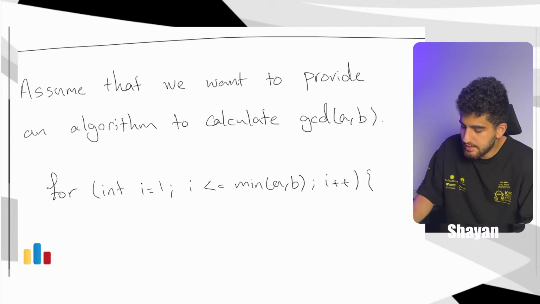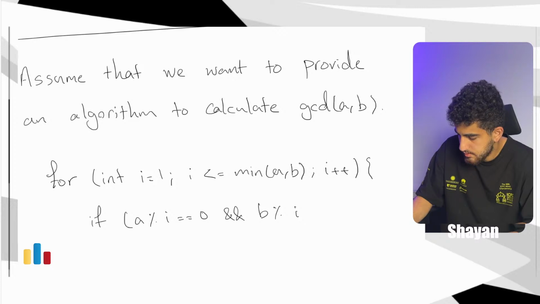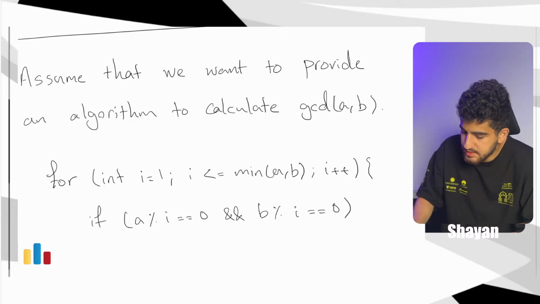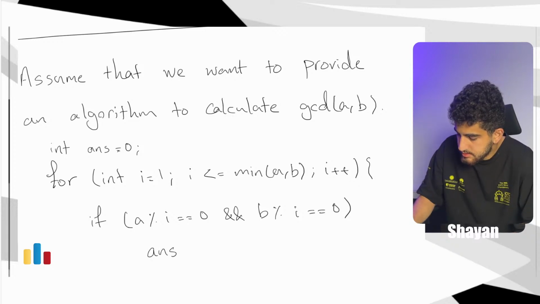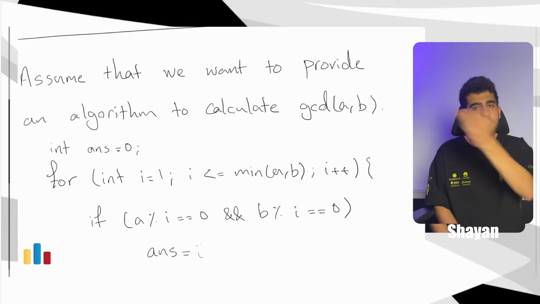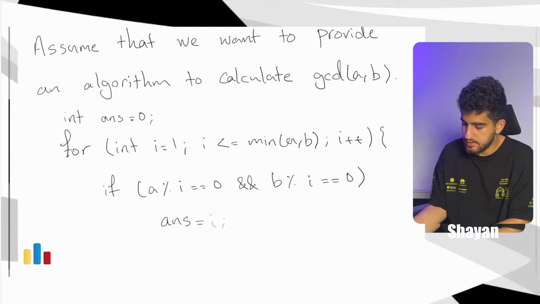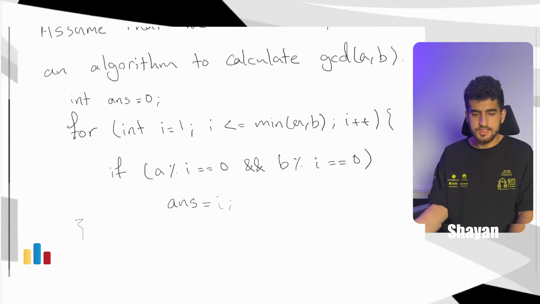I can say that if A modulo I was 0 and B modulo I was 0, I set my ans, an int that is 0 initially, to be I. I can say that ans is equal to maximum of ans and I, but I can also say that ans is equal to I, because I starts from 1 and goes forward to minimum of A and B. So this I that divides both of the numbers is the maximum I so far. So this way I can calculate GCD.